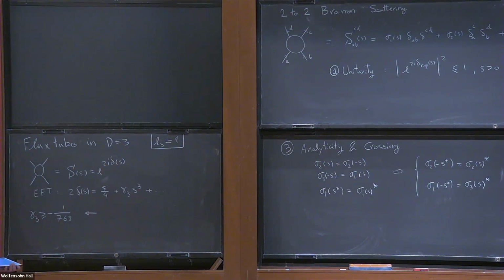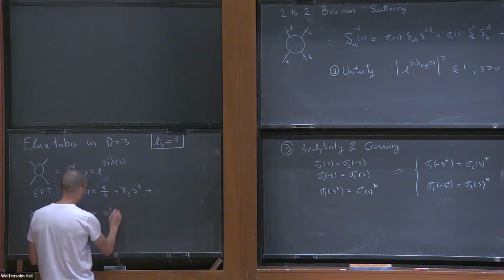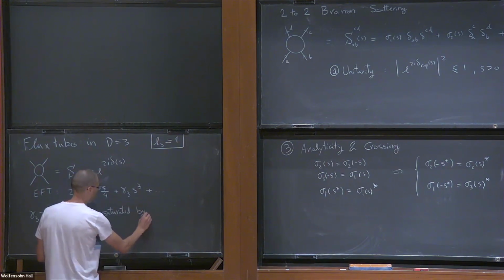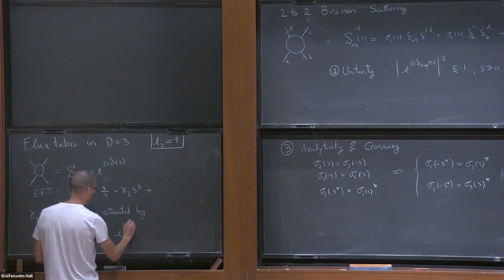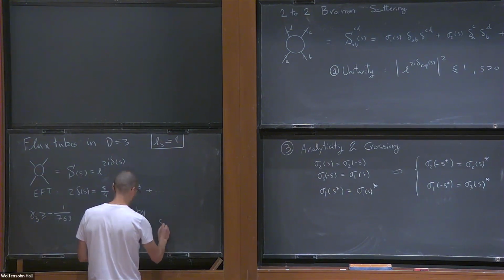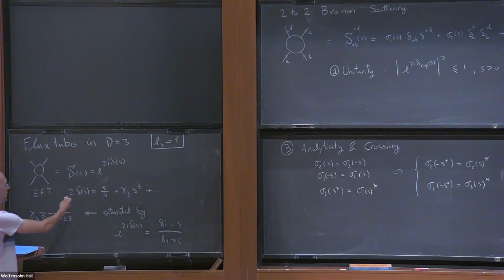One thing I didn't say was that if you want to saturate this bound, then there is a unique S-matrix. It is saturated by e to the 2i delta of S, given by a very simple function, 8i minus S over 8i plus S. You can Taylor expand, and you will get gamma 3 to be this value.